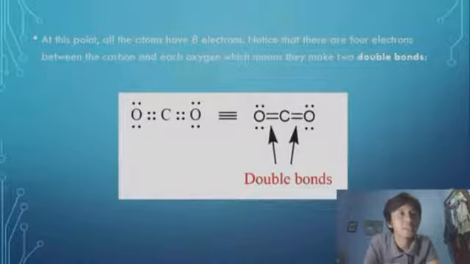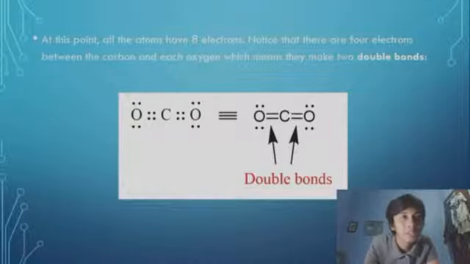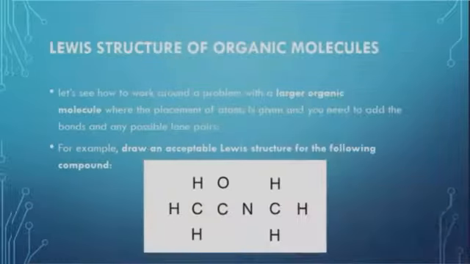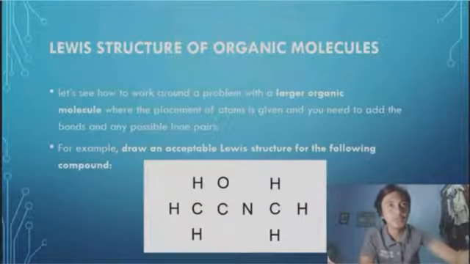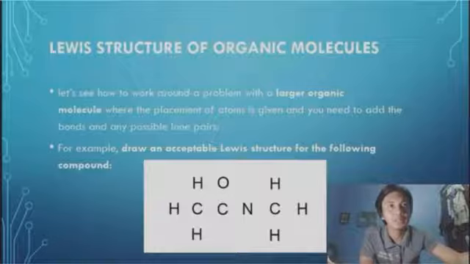Notice that there are 4 electrons between the carbon and each oxygen, which means they make 2 double bonds. As you can see here, we have the 2 double bonds from the oxygen to carbon and carbon to the oxygen.